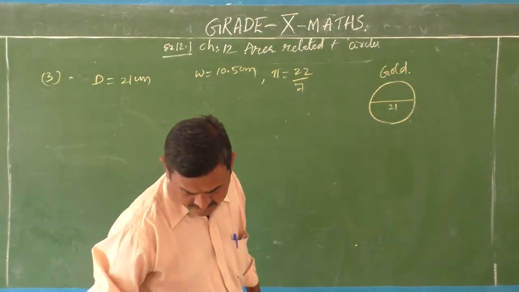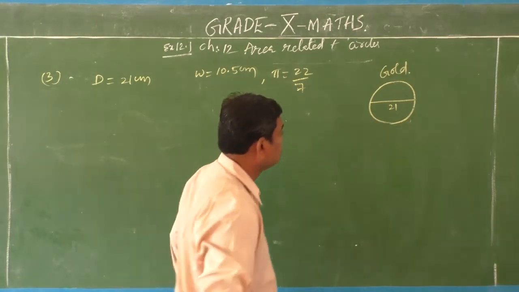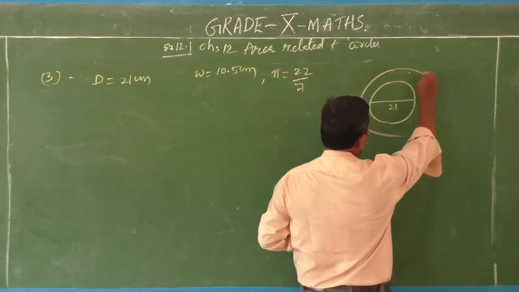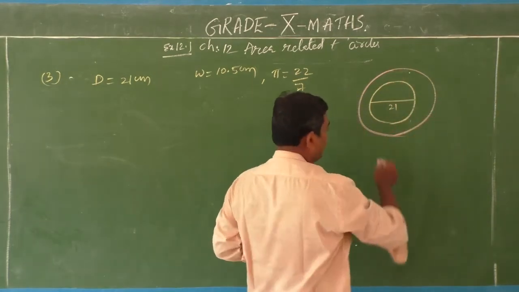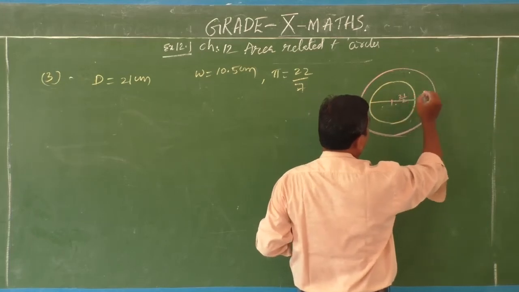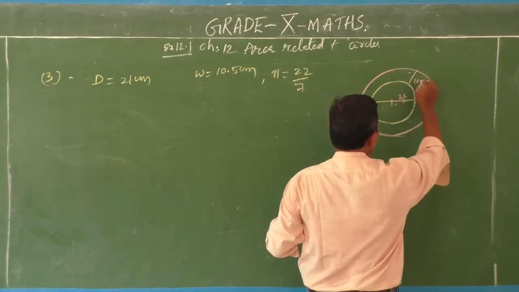We want to find the red region. The diameter is 21, the radius is 21 by 2, and the width is 10.5.